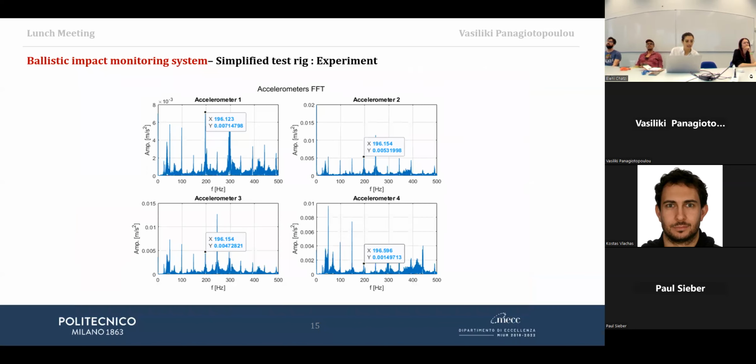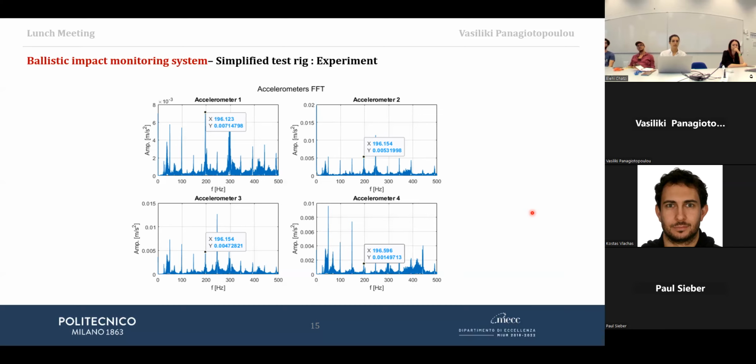Okay. So an example of those readings from the accelerometers, the FFT of those signals, 1, 2, 3, and 4. Again, we follow the same method. We try to identify a peak close to the first natural frequency of the system.